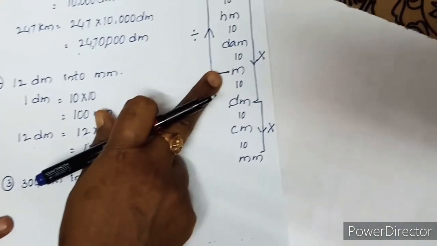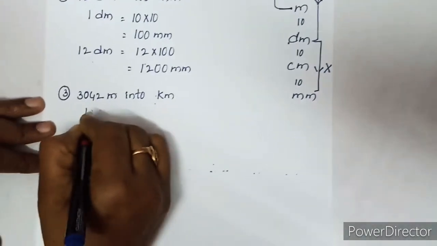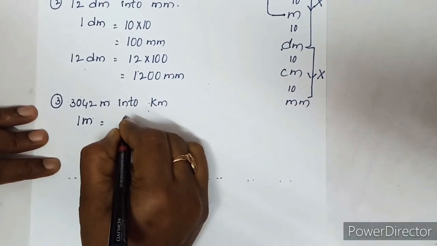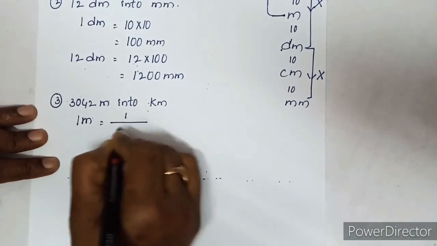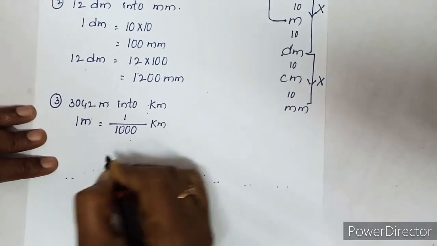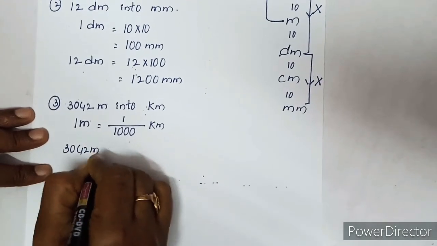How many steps are we moving up? 1, 2, 3. So first write 1 meter is equal to, when you are moving up, write that as a fraction, 1 by 1000 kilometers.